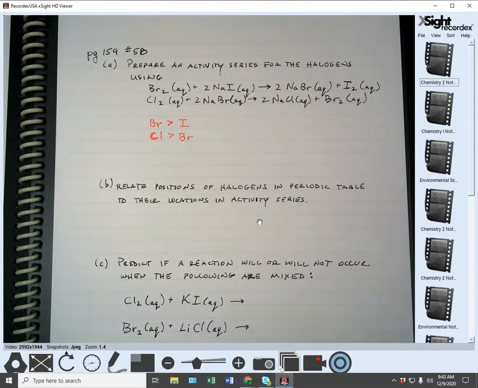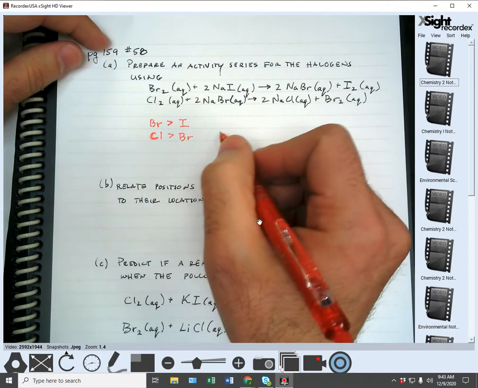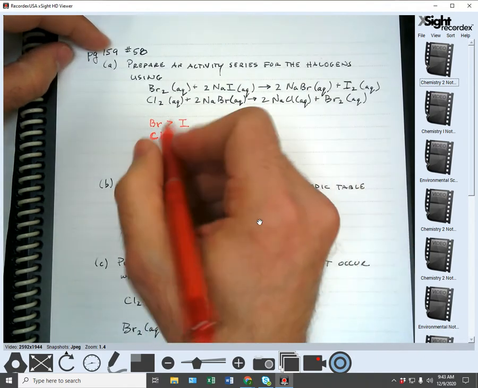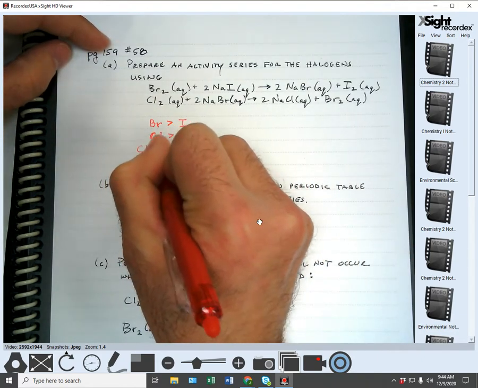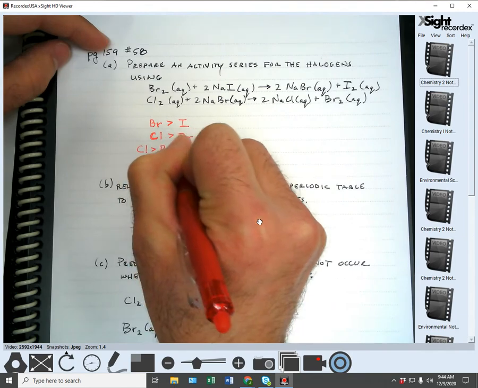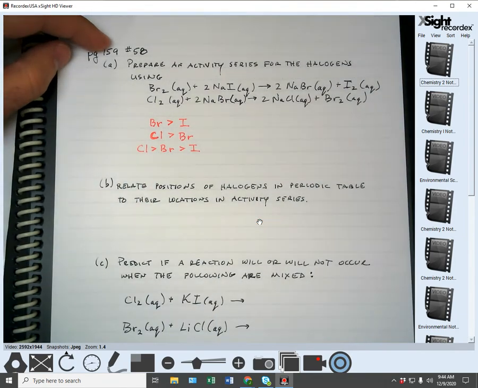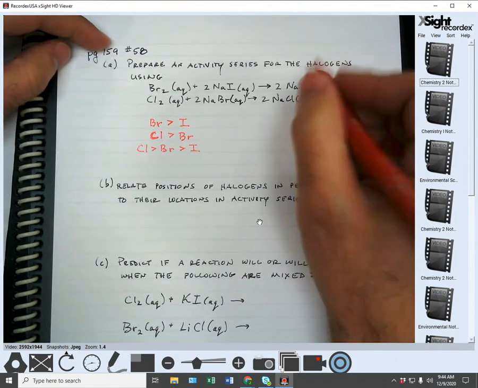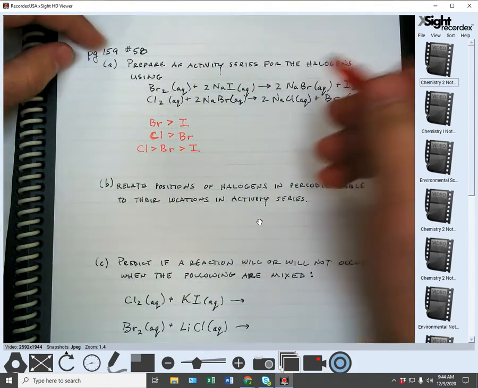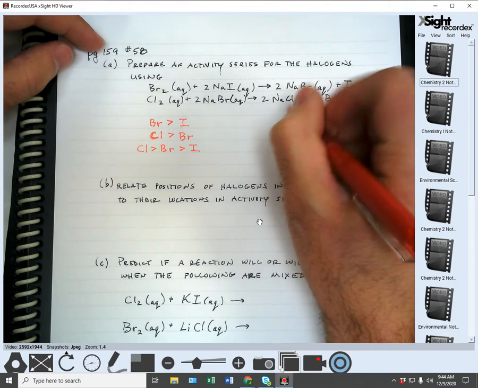So if we put these together, chlorine is more reactive than bromine, which is more reactive than iodine. Okay, so if we're looking at an activity series, if we're putting the most reactive at the top, it would look something like this.